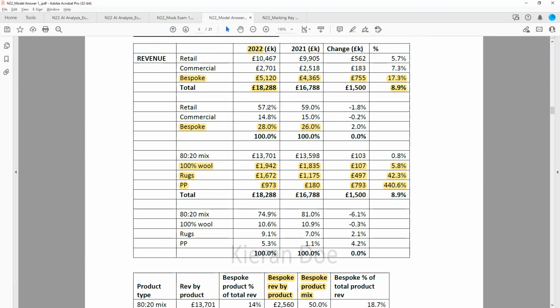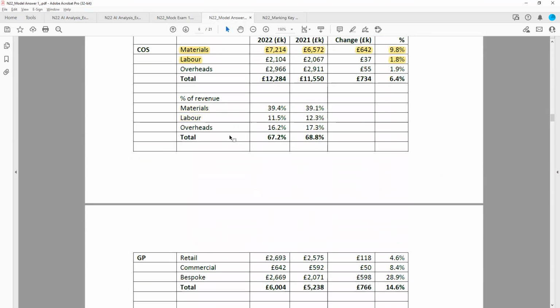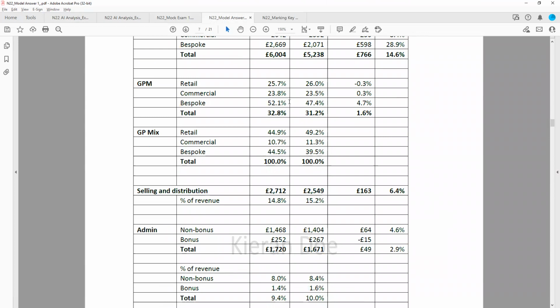You can see here that more of WWR's revenue is accounted for by Bespoke, which is higher margin. We know that Bespoke has the highest profit margin. So if revenue mix moves towards this more profitable stream, that will cause overall gross profit margin to go up.